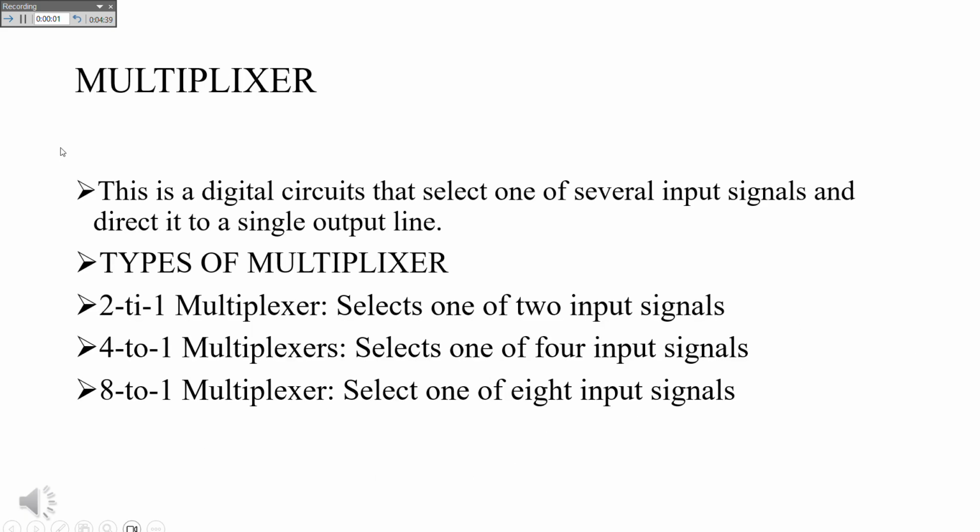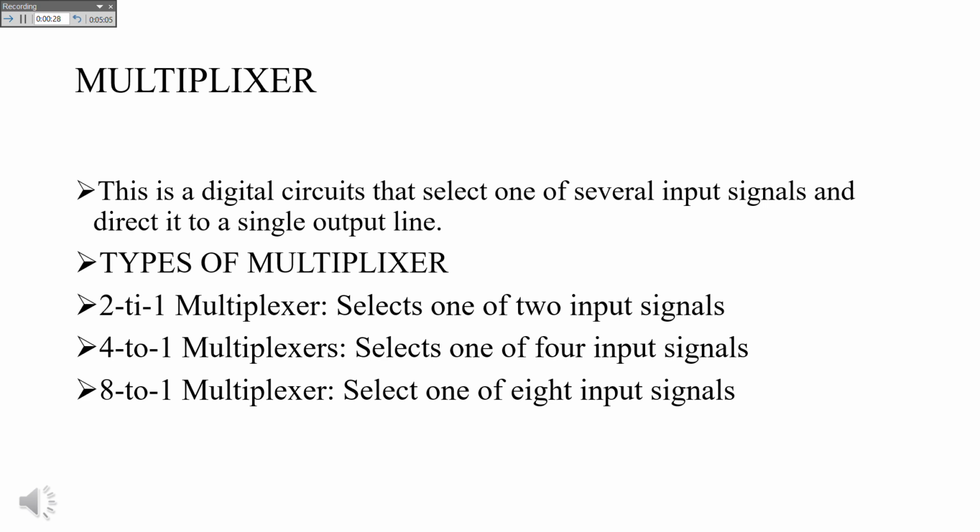Now let's talk about a multiplexer. We said that a multiplexer is a digital circuit that selects one of several input signals and forwards it to the output. So it's a digital circuit that selects one of several input signals and directs it to a single output line.